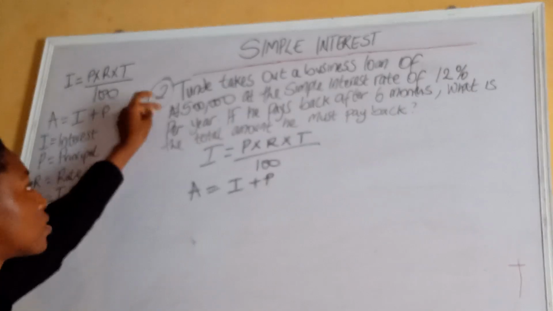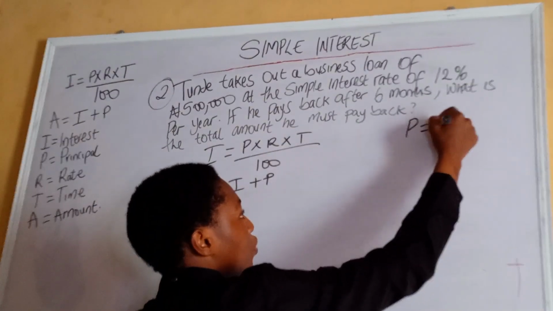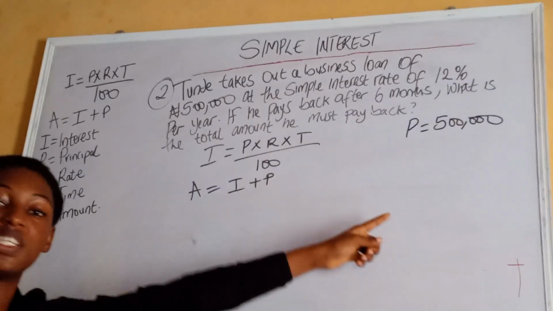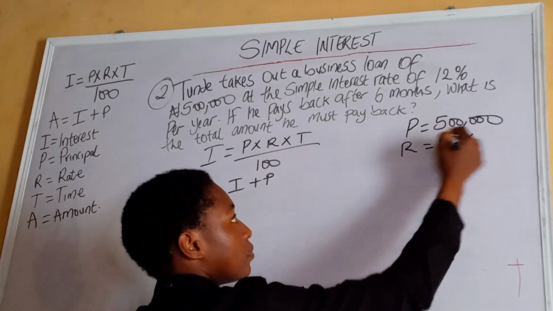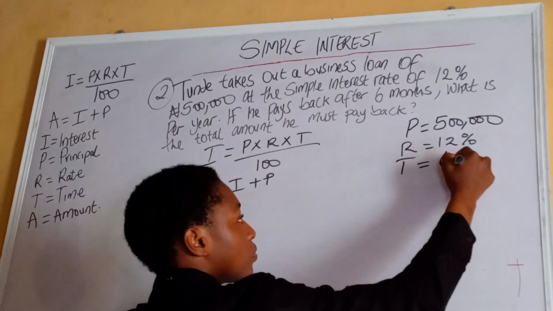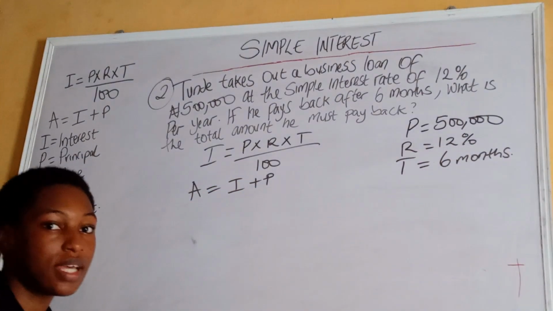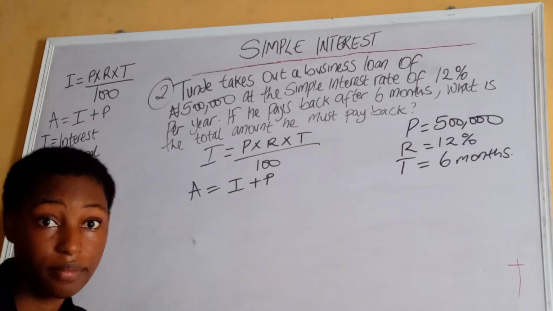So if you look back to the question, our principal is 500,000. Our rate is 12%. Our time is 6 months. Now, I've already said that your simple interest is usually calculated per year.